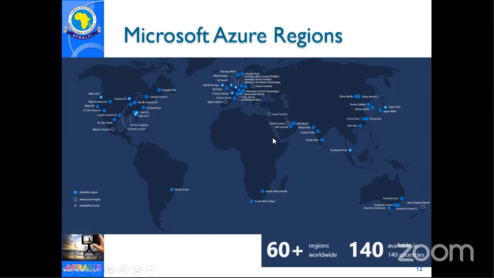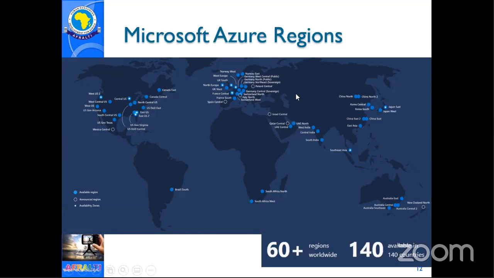And I think you see the reason why Africa is often called a dark continent. In fact, the 2 dots down there in South Africa were not there early last year, 2018, they were not there. So what this shows you is that the Microsoft Azure cloud is hosted in all these locations.